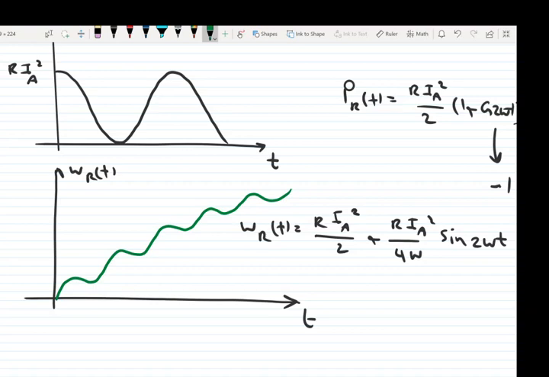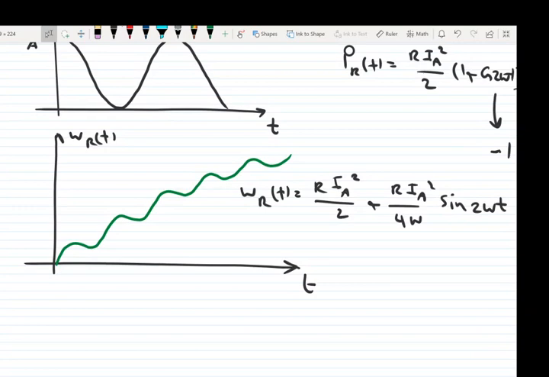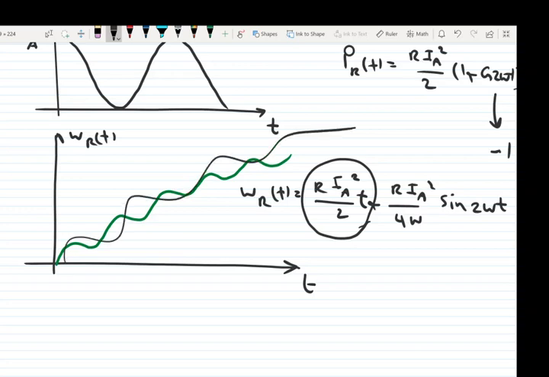We should notice that both the power and energy are positive. So I missed the t here, so I added t. This part shows how the energy is accumulating and increasing over time, and this part shows the alternating value over time.